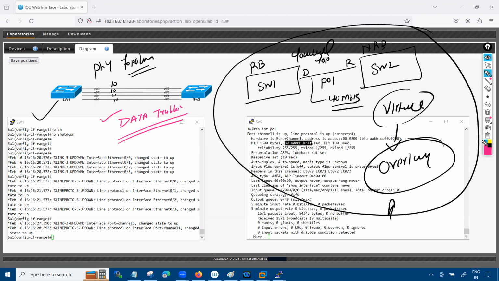This data traffic is carried based on the load balancing algorithm. So in the EtherChannel, the data can travel on E0/0, maybe E0/1, or maybe E0/2, or maybe E0/3. It totally depends on the layer 2 load balancing algorithm.